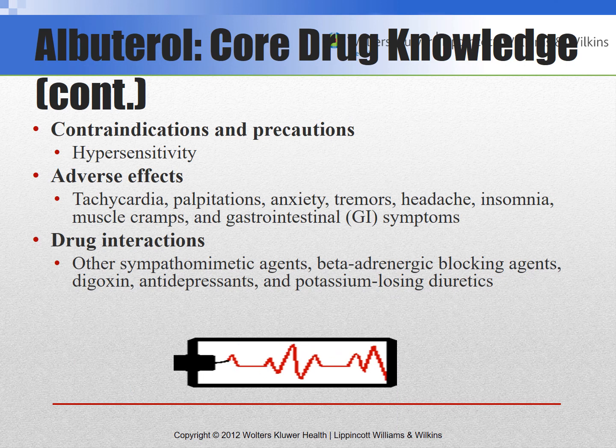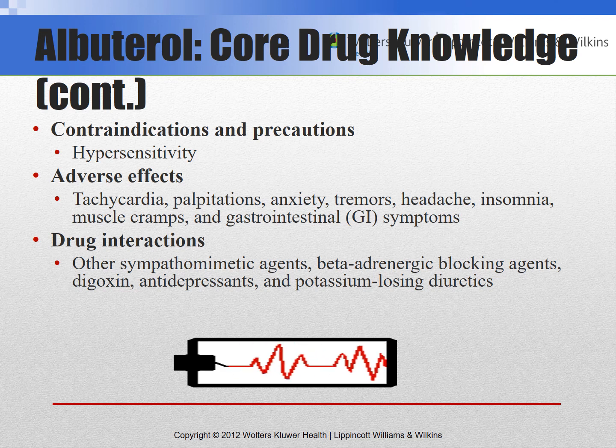All right, contraindications and precautions would be a hypersensitivity to the drug. Adverse effects: tachycardia, palpitations, anxiety, tremors, headache, insomnia, muscle cramps, GI symptoms. Think about the systemic effects of a sympathomimetic type drug, where you would have an increase in the blood pressure, an increase in the heart rate.